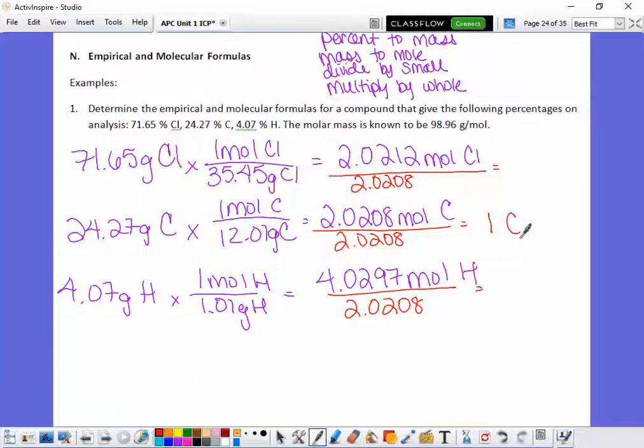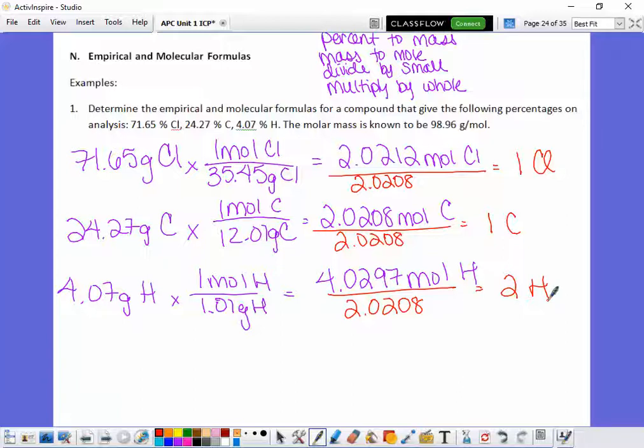And even chlorine, that's really close to 1. It's just a little bit over 1, but we can round it down to 1. Okay. And then for hydrogen, what is that? 2. So it's practically 2 when you do the division. So since our ratio gave us all whole numbers, we don't have to do any multiplication.